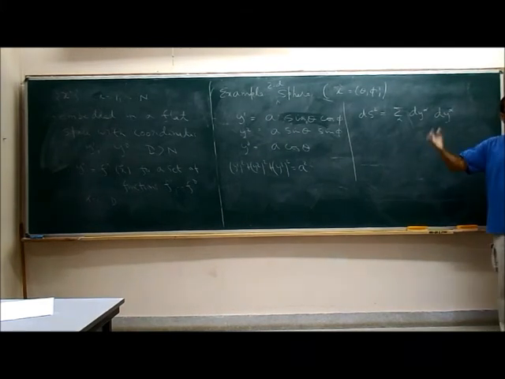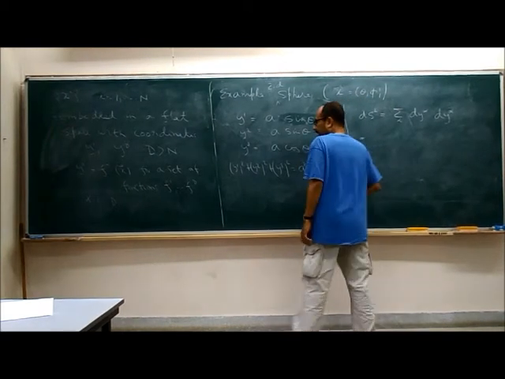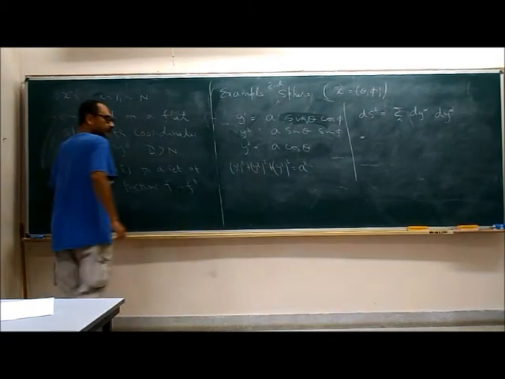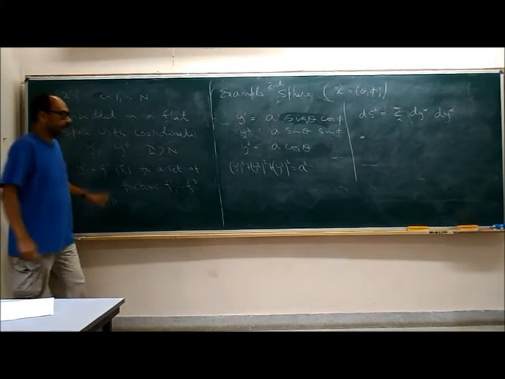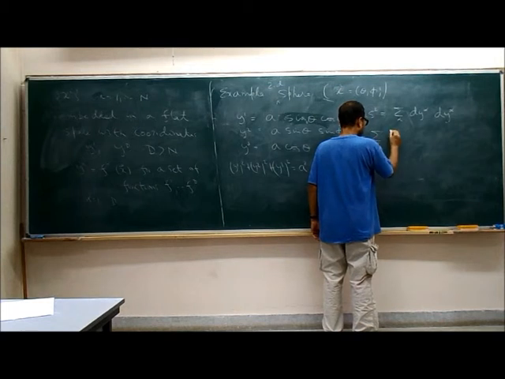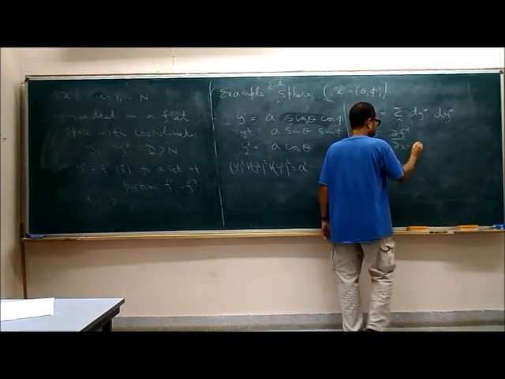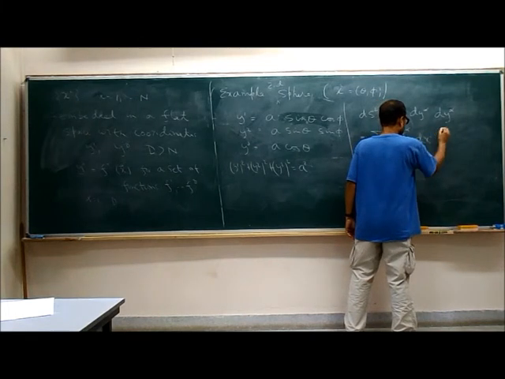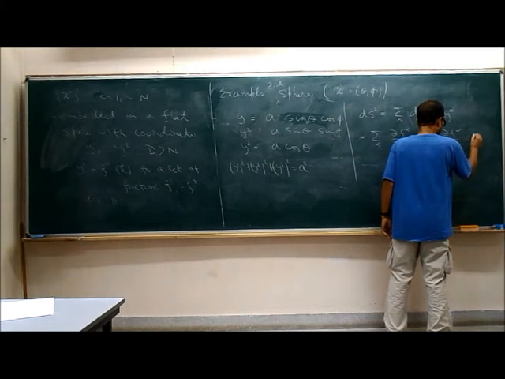Now to find the metric on the Riemannian manifold that's of interest to us, all you have to do is use these equations to express dy in terms of dx. So I can now write the sum over alpha of del f alpha del xi dxi and del f alpha del xj dxj.